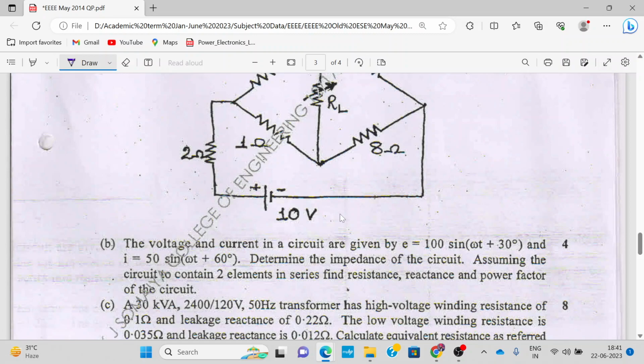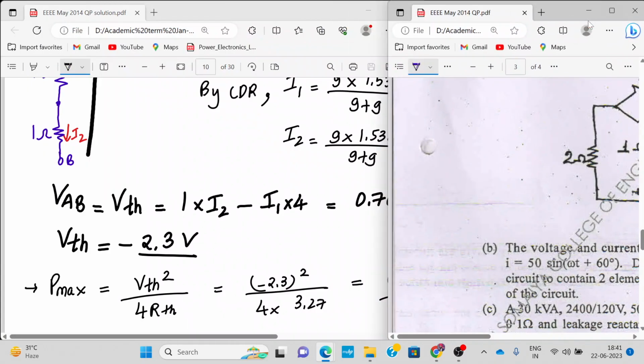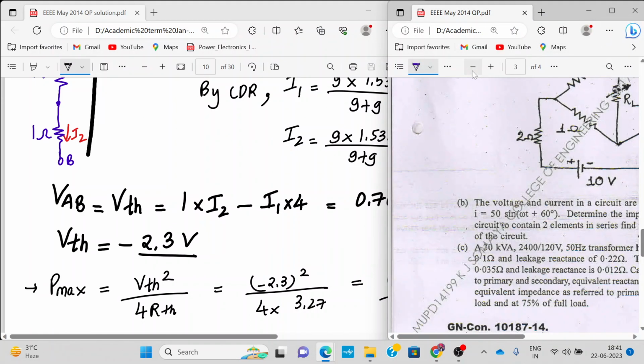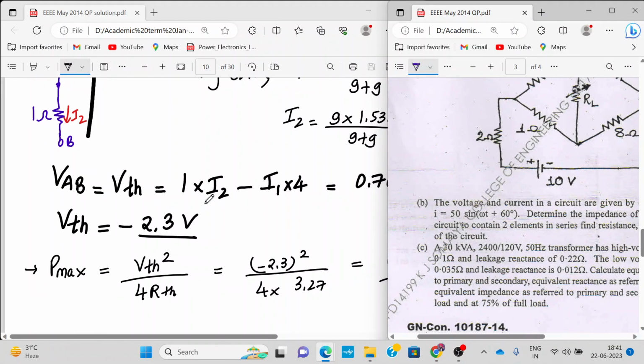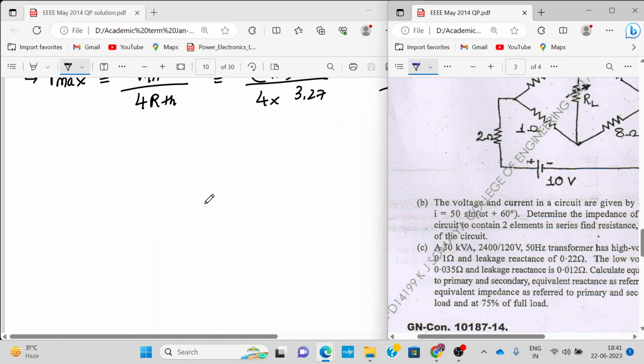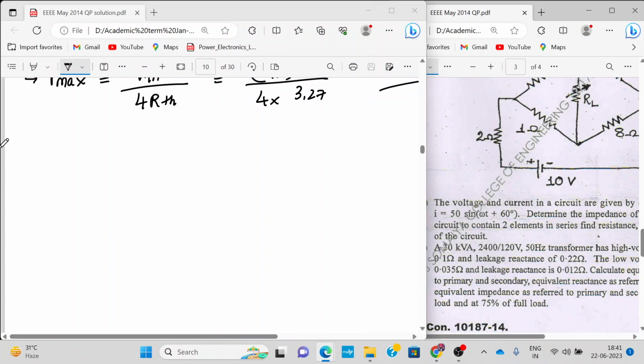Let me just minimize this. And let me try to frame what is being asked in terms of a diagram. Okay. Question number 5B. So E is 100.